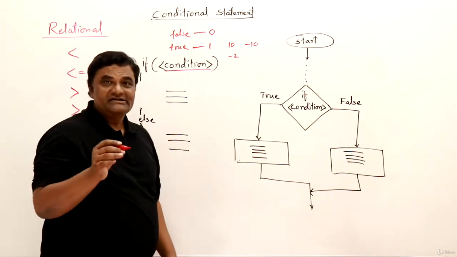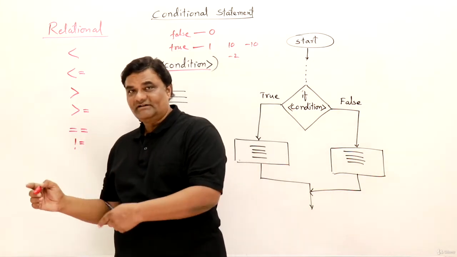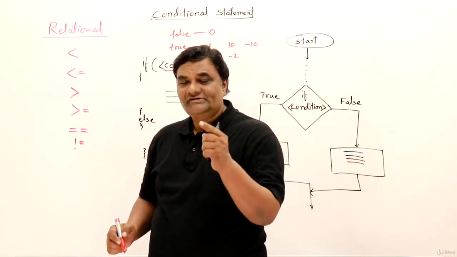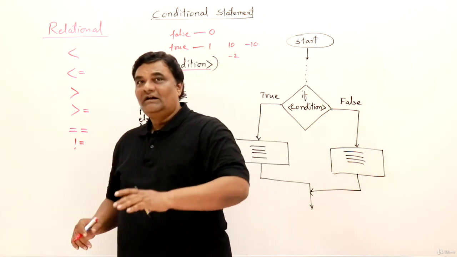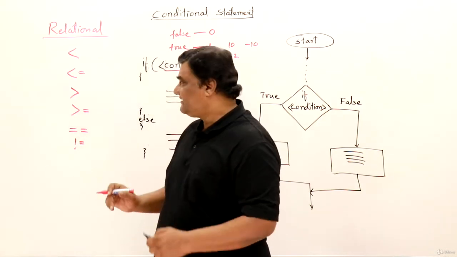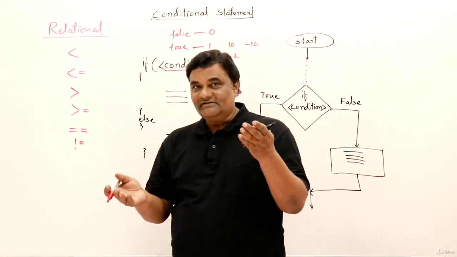These are relational operators. We write conditional statements using relational operators and also logical operators. Logical operators I will not show now; I will cover them in another video. Now, what do these relational operators do? They are used for comparing the values on either side.